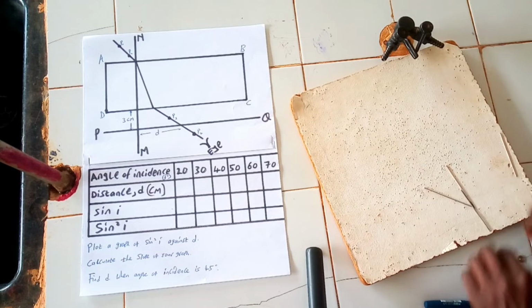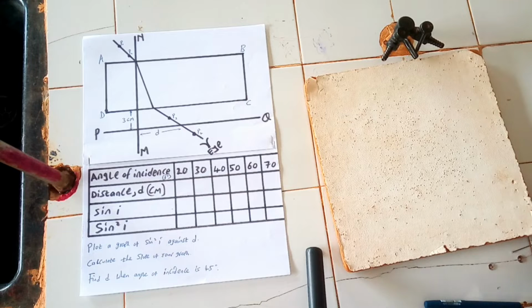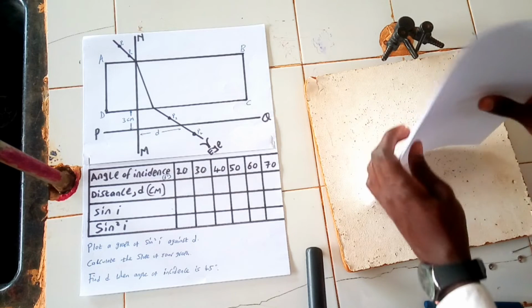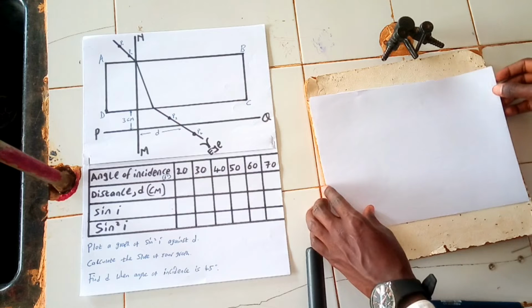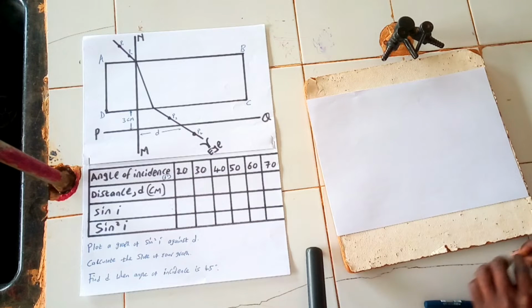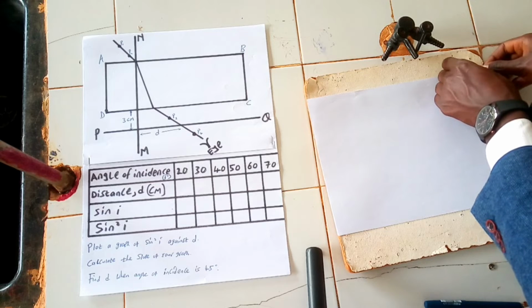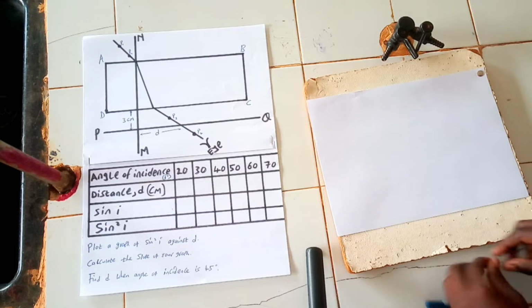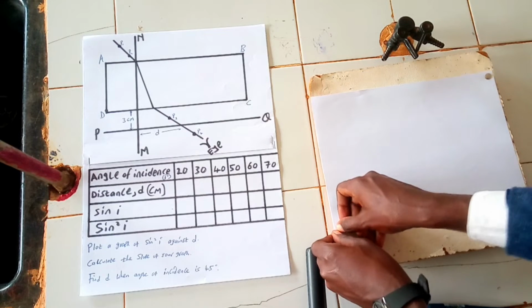So let's first mount the plain papers on the softboard. Let's start by mounting plain papers on the softboard. So we have this paper and this other paper here.